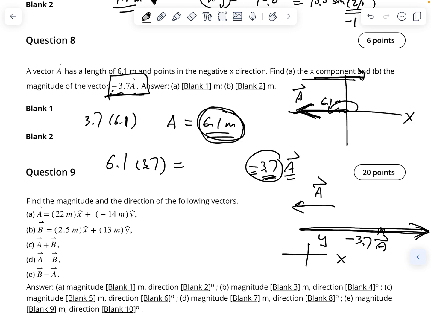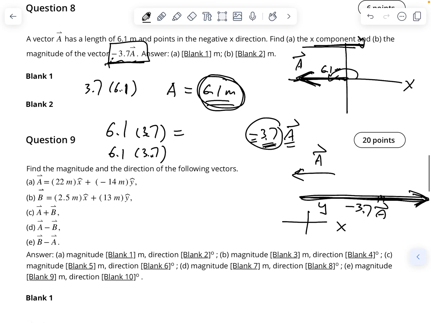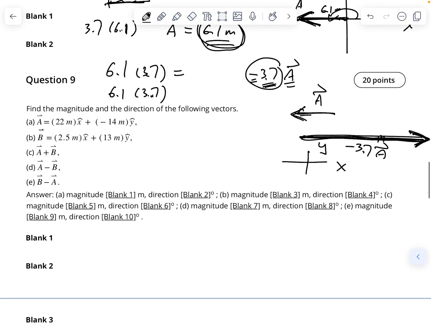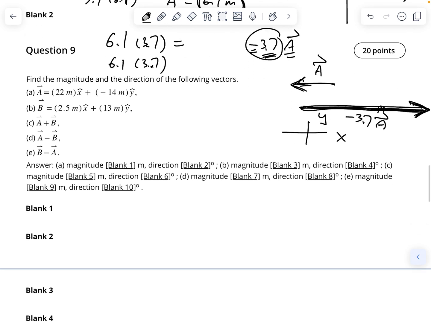The magnitude of this vector is the same as the x component because this vector is on the x-axis. Same thing, 6.1 times 3.7. All right, so that's this problem. This is the original vector, and then negative 3.7 gives this vector. Remember to turn the direction. Okay, next one.